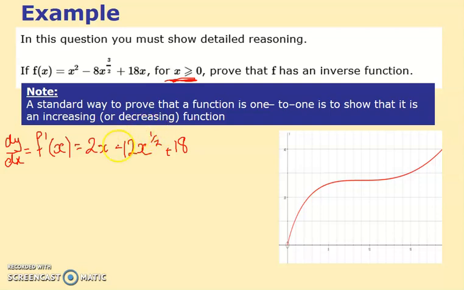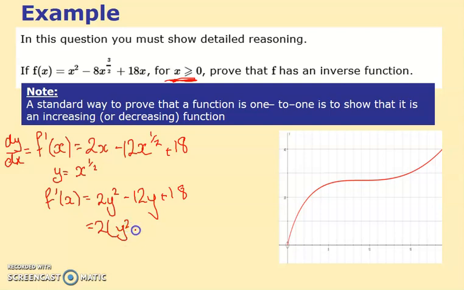To be honest, it looks to me like a disguised quadratic. Let's write y equal to, as a dummy variable, x to the half. And I reckon, therefore, that f dash x is equal to 2y squared minus 12y plus 18, which I can take 2 out as a common factor.